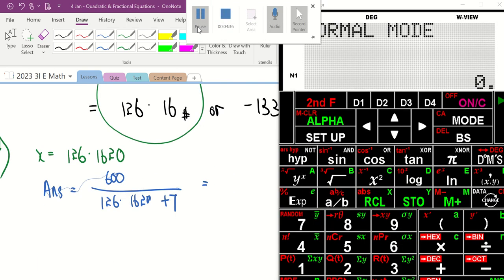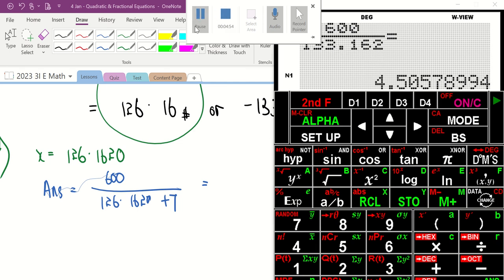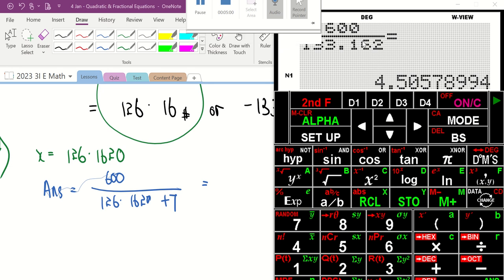So now, you need to put it into the equation 600 divided by the new value of x plus 7 for the return journey. Press the calculator, but remember, your answer must be converted to hours, minutes and seconds, which I'm going to show using the calculator in a short while. Once we press the calculator, you realize it will be 4.5057 hours. Yes, you can write this down first, but the question specifically wants it in hours, minutes and seconds.